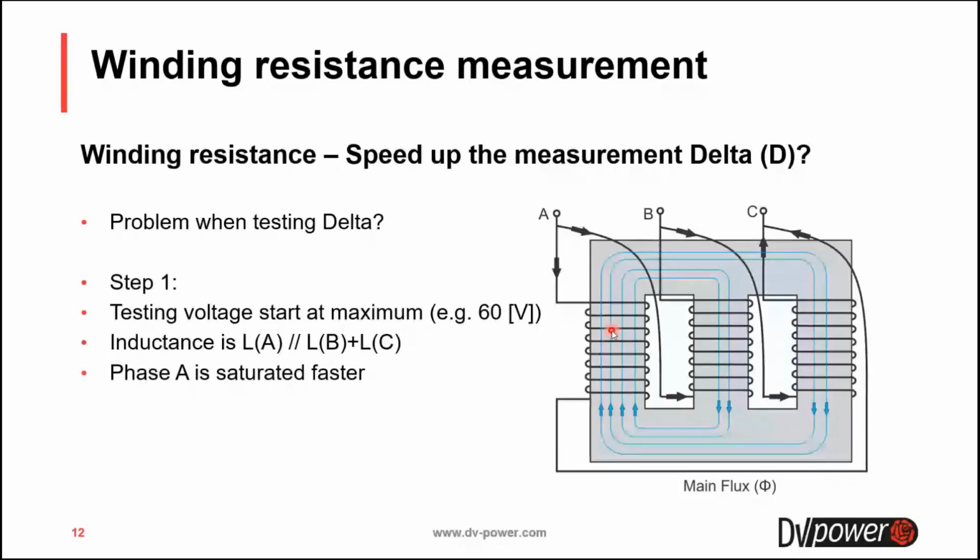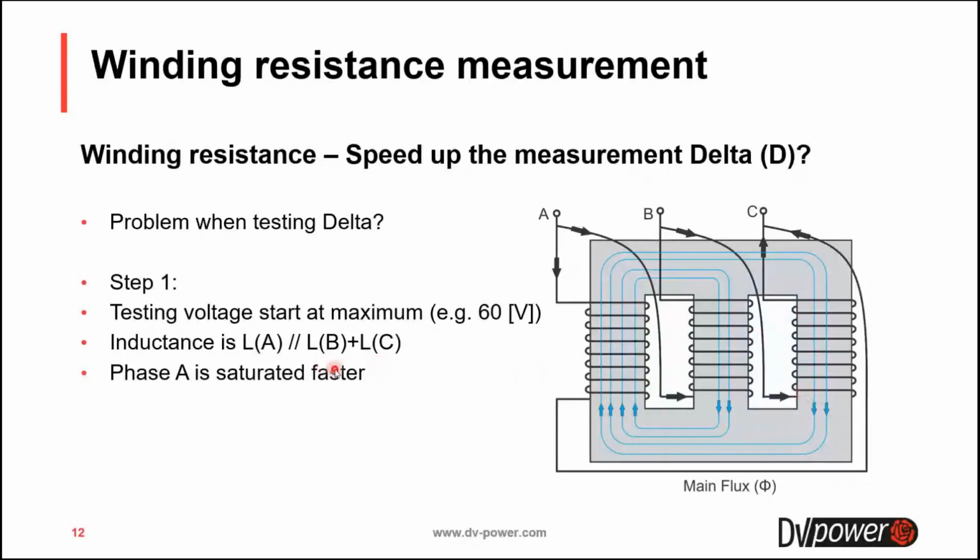When measurement starts on the delta winding, the value of total inductance is LA in parallel with LB plus LC. The open voltage is divided through the impedance. LA will have the full charging voltage from the measuring unit, but LB and LC will only have half of the charging voltage.